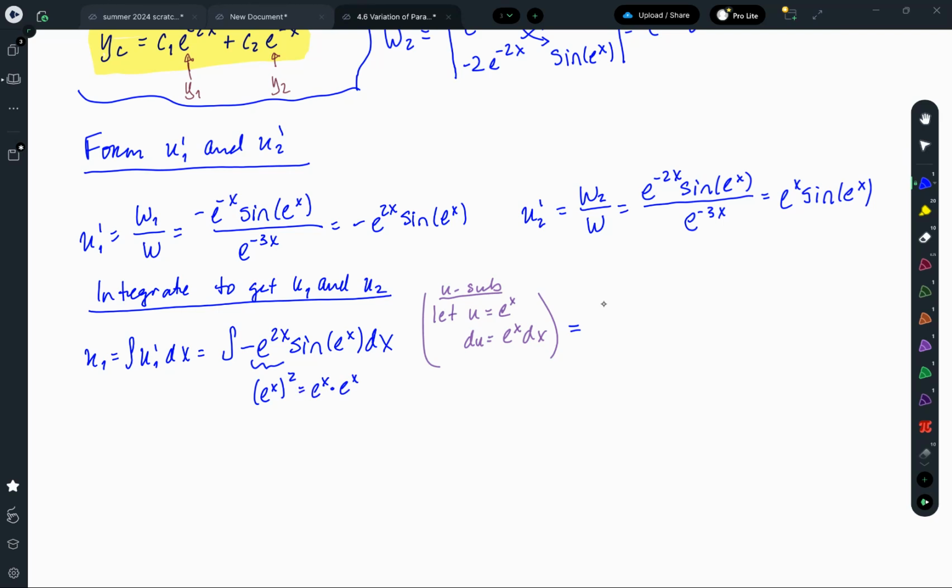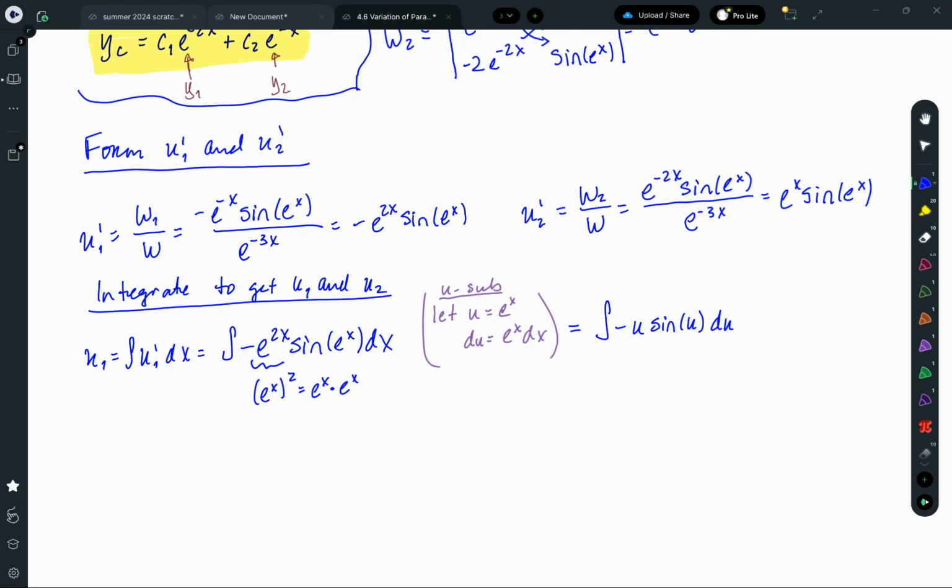So let's see what that looks like. We get the integral of a negative. One of those e to the x's outside of the sine is part of the du, because du is e to the x dx. The other one is a u. And then we have sine of u and a du.